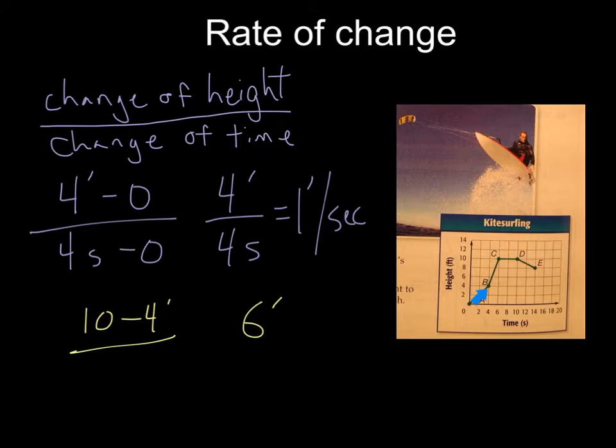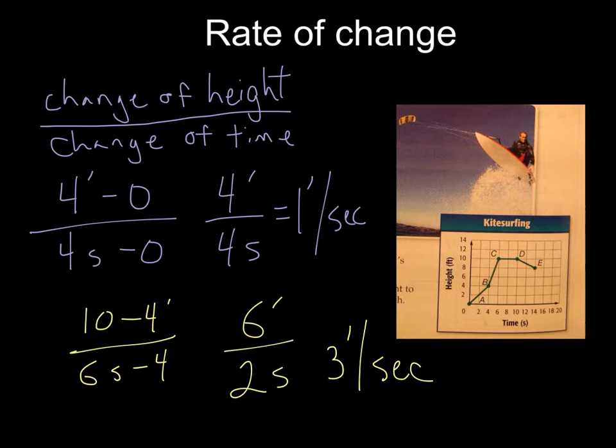The time was at 4 seconds, and here it's at 6 seconds, so I subtract and that gives me 2 seconds. Now 6 divided by 2 is 3 feet per second, and that's the rate of change from point B to C.